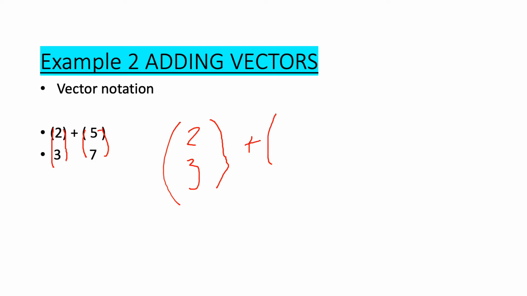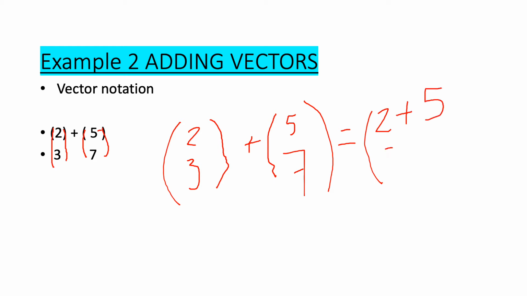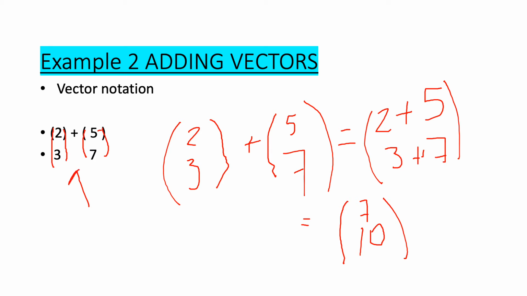Okay, (5, 7). 2 plus 5 on the top, and then 3 plus 7, guys. Okay, so nice and easy. Okay, 2 plus 5 is 7, and then 3 plus 7 is 10. Okay, so this is my answer to this column vector. So this is what I call a column vector.